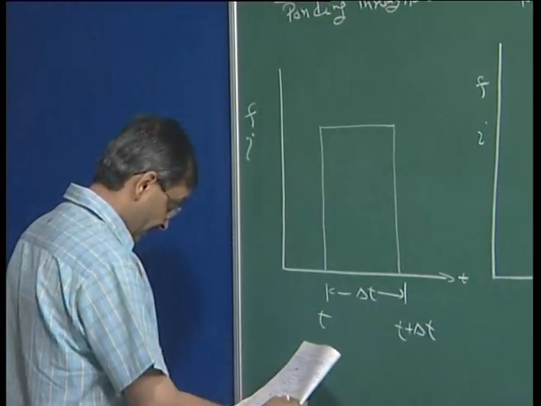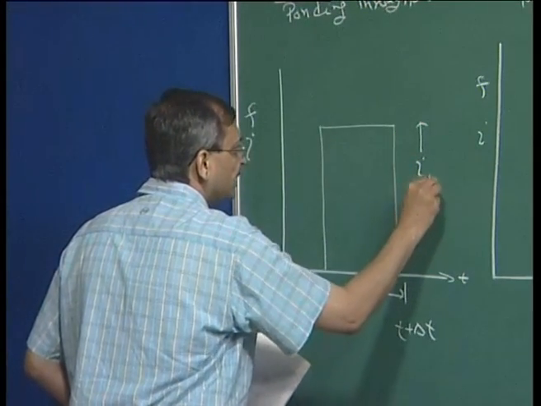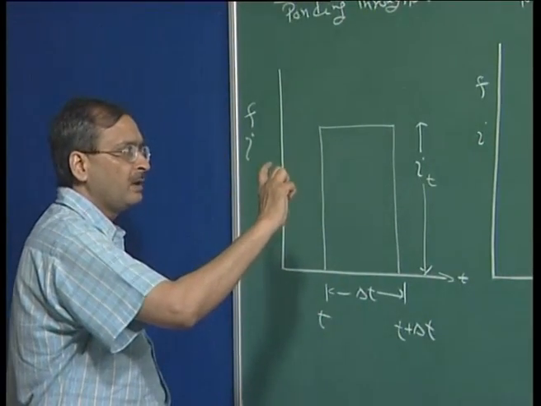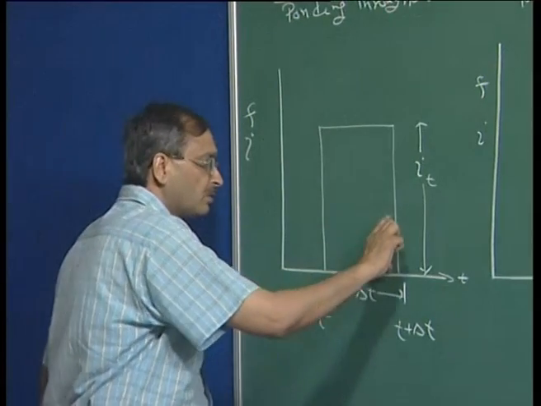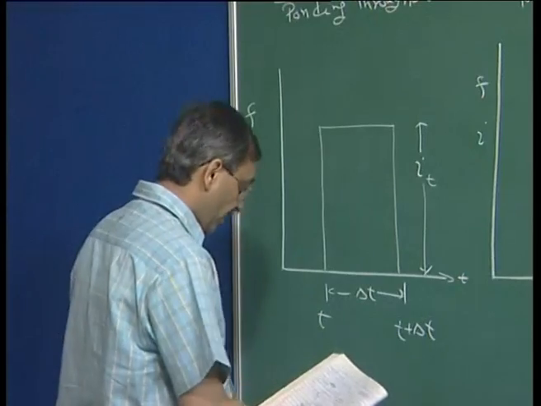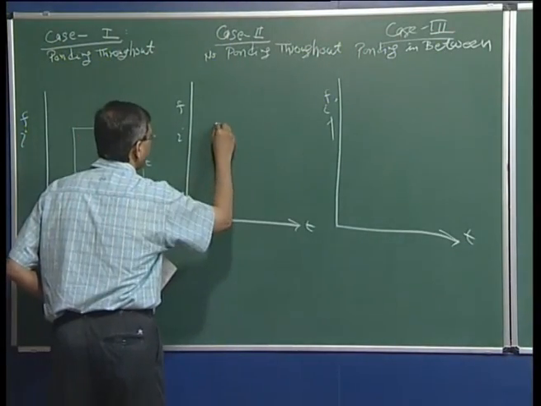This is your I t. This value of this pulse is rainfall intensity which is constant. So, I t is equal to I t plus delta t. Let me first draw this in all the 3 cases.